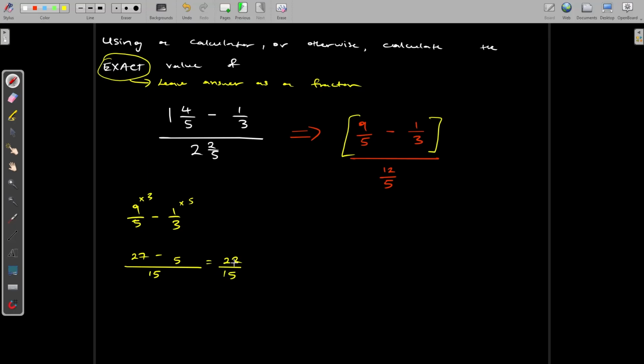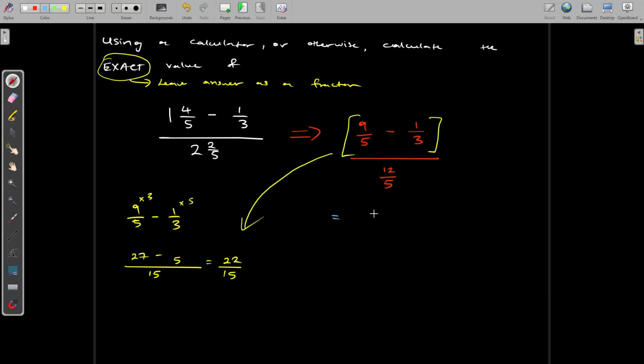I don't want you to just give me this as the answer and say, alright, that's the answer. Remember, we have another part of the question. We're not finished as yet. This part right here is just the numerator. So now we need to rewrite what we have.